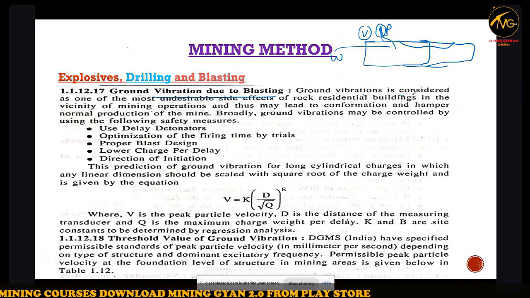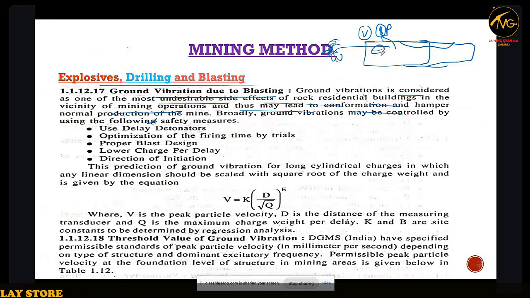Ground vibration is considered one of the most undesirable side effects of blasting, with residential buildings in the vicinity of mining operations, and thus may lead to complaints and hamper normal production. If you blast, the normal people will be disturbed, they can file a case. If something happens to someone, or he dies, then normal working will be affected.